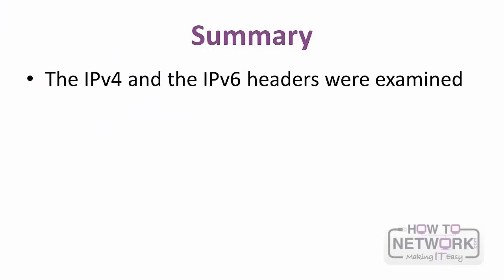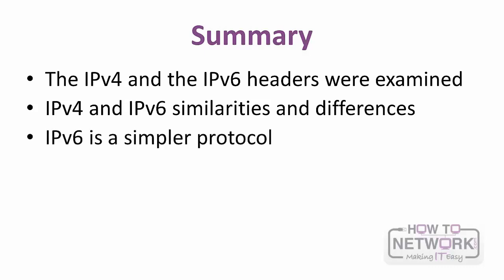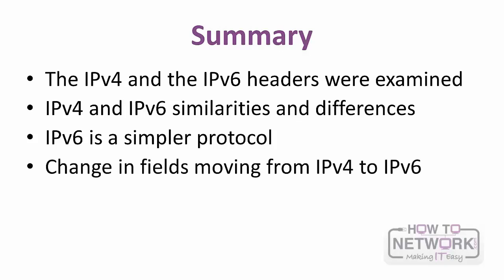This lesson examined both the IPv4 header and the IPv6 header. It compared the similarities and differences between the two protocols. The IPv6 header has fewer fields, and in many respects, it is a simpler protocol. Some of the fields moving from IPv4 to IPv6 remained the same.